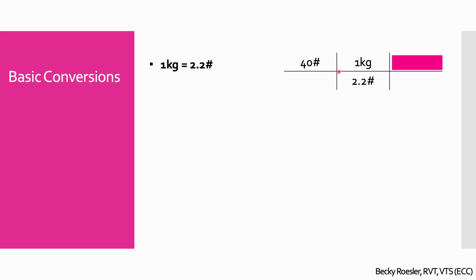So we're going to put the 2.2 pounds on the bottom because we want these two units to cross off. So then we have 40 multiplied by 1 divided by 2.2, and those cross off. We're left with kilograms, and that gives us our answer of 18.2 kilograms.